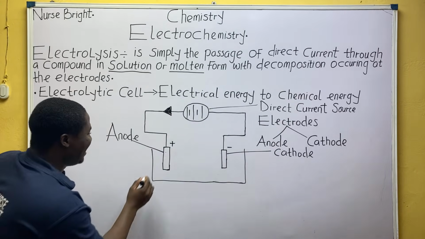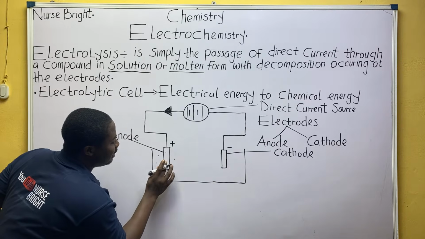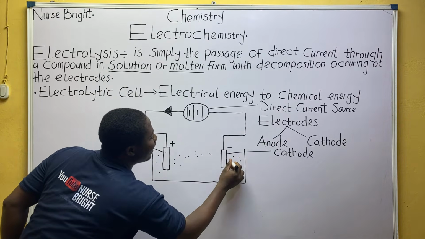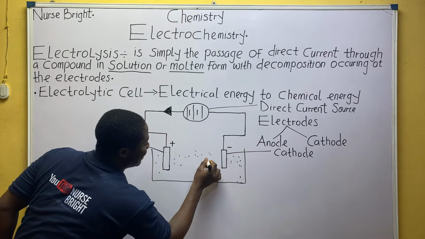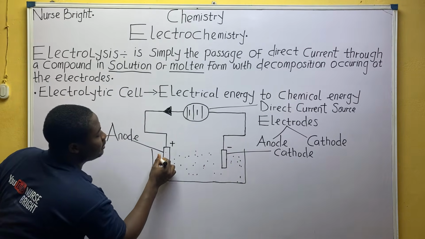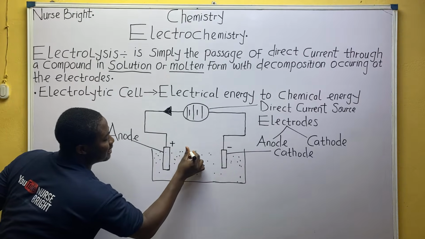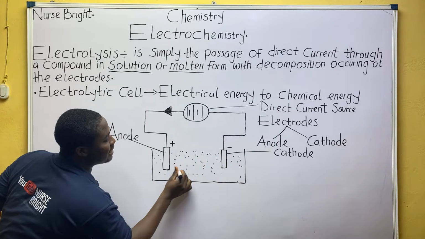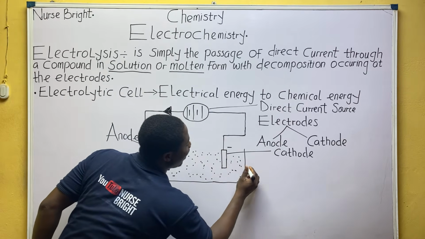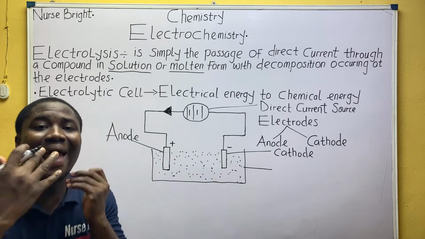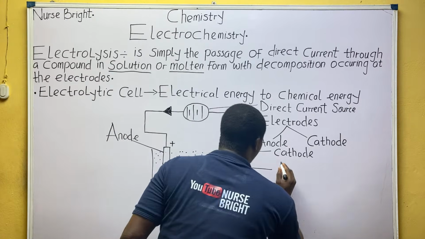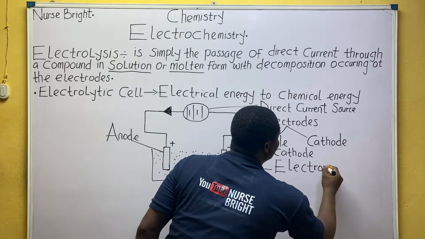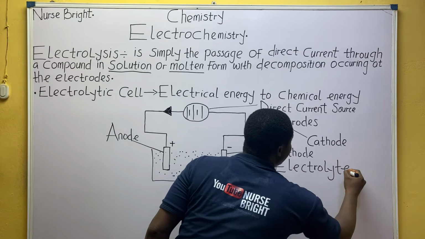This anode and cathode are embedded in a fluid or liquid substance. Class, listen. This liquid substance, which we are going to talk about as we progress in this lesson, we call electrolytes.